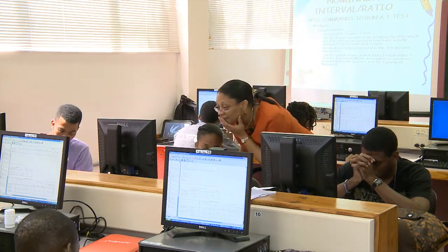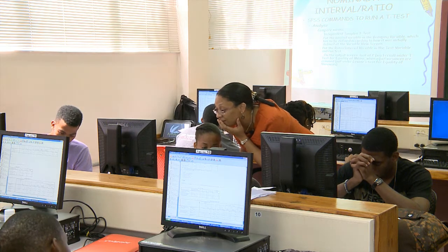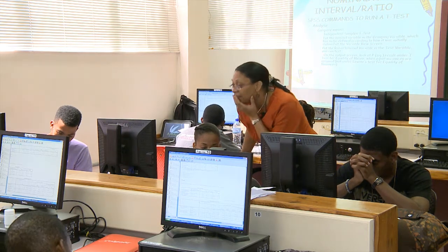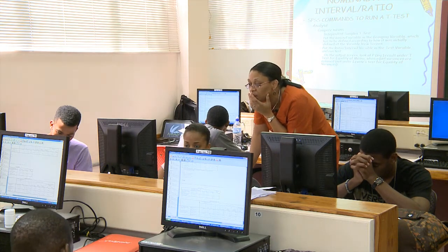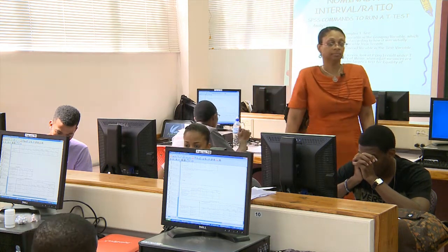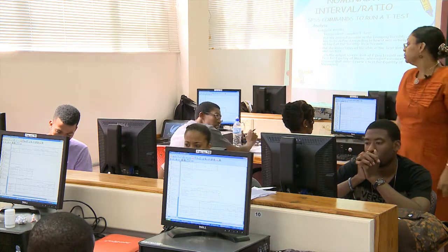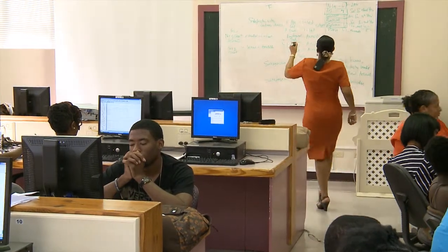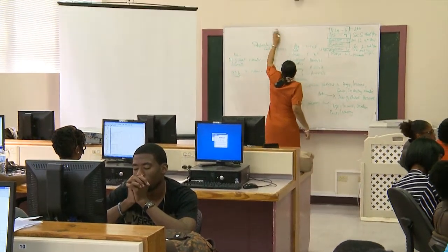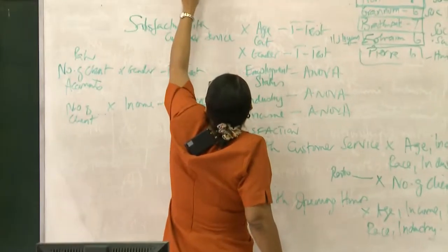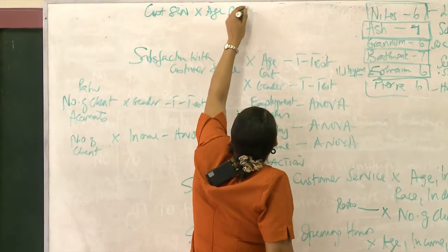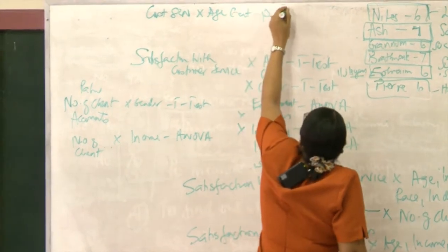When I look at satisfaction with customer service, and I look at the significance two-tailed, equal variances not assumed, what value am I getting? 0.207. So this is customer service by age category, and the p-value is 0.207.